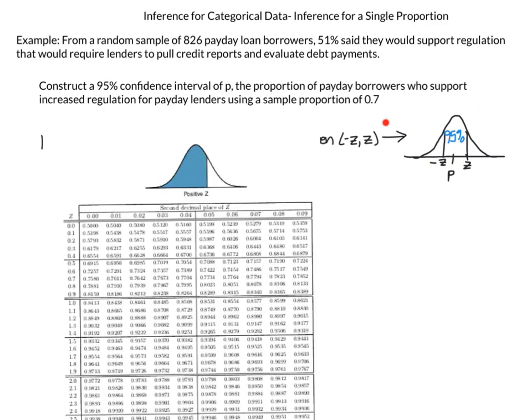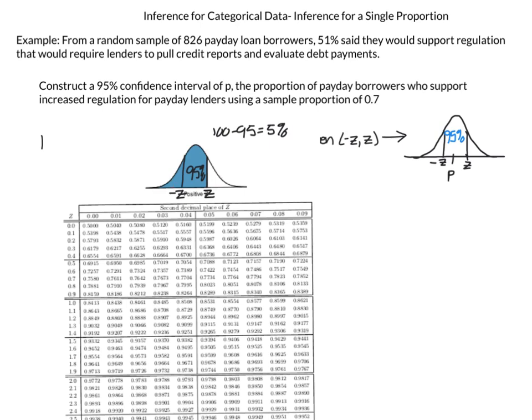Now our table looks like this. It doesn't show us the area in between two z-scores. It shows us a positive z-score and less. But if we draw this, this is our positive z-score, this is our negative z-score. If we want 95% in between our two z-scores, that means 100 minus 95, we have 5% left to divide between the two tails.